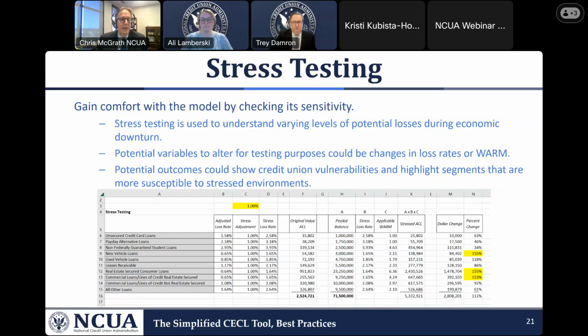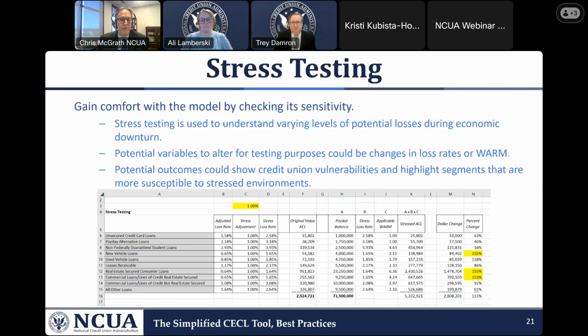Performing a stress test utilizing a change in the loss rate can give an idea of what might happen in an economic downturn. The impact can be used to determine the credit union's current stability and the performance of a loan portfolio segment. It also gives insight into the key drivers of the total estimate for credit losses and how volatile the estimates are to changes to inputs.